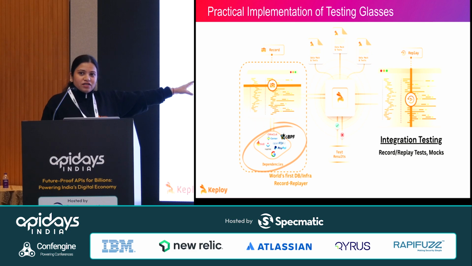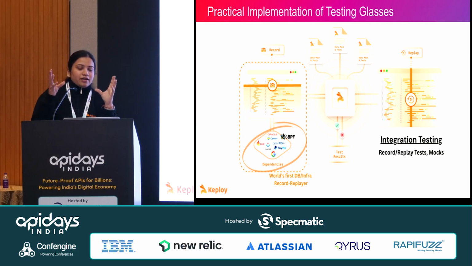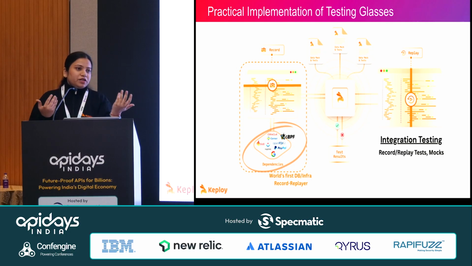So a proxy that can record all the API calls, the databases, everything, and when you're replaying on a new version of the application, you mock the environment exactly and you can understand what the new version of my application is giving back. So you understand what is the exact regression that my application has.